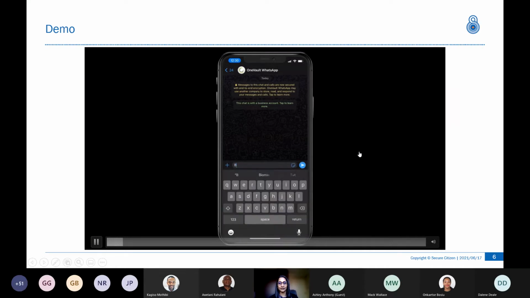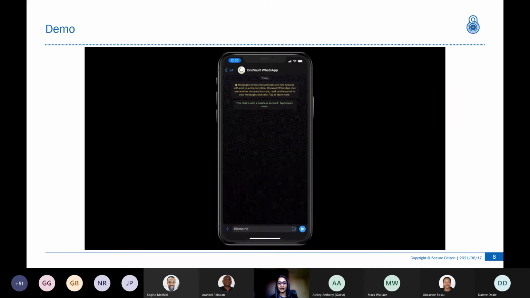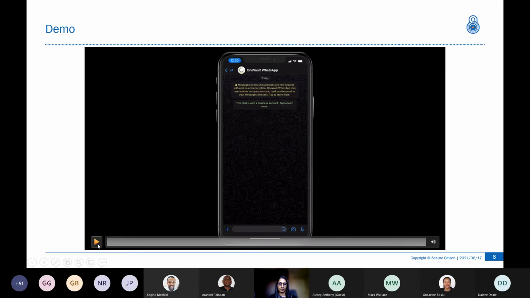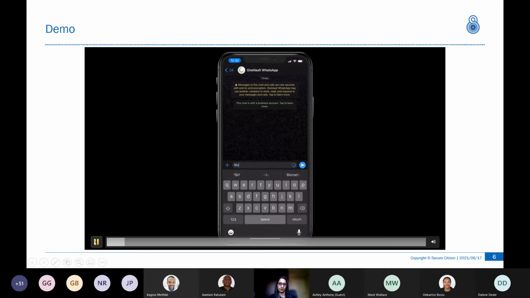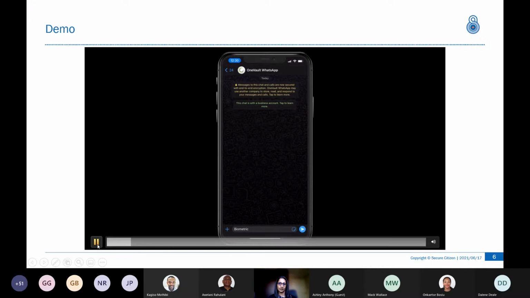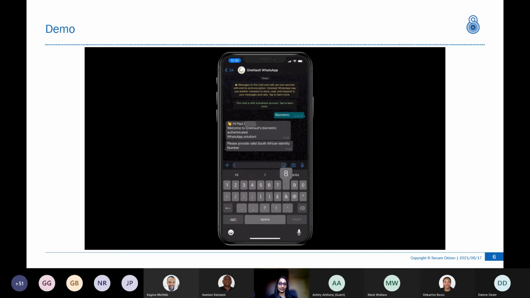To engage with the WhatsApp channel, the consumer types in the word biometric or any other phrase which we have determined. The consumer is then presented with a welcome message and asked to please enter their South African identity number.